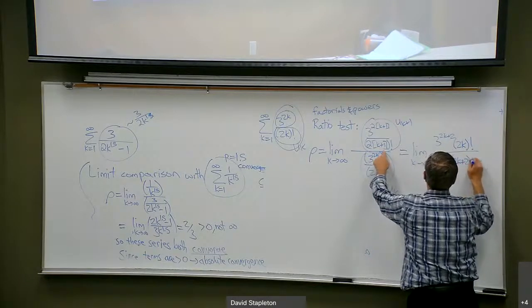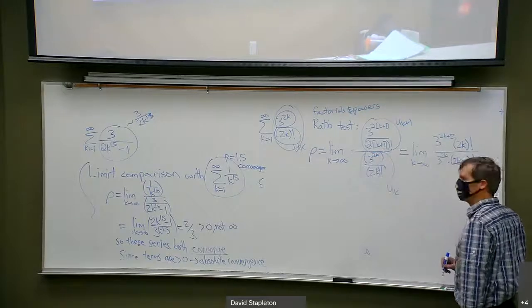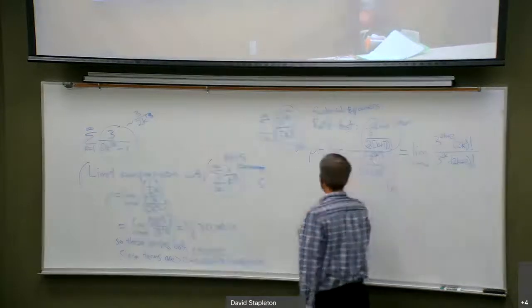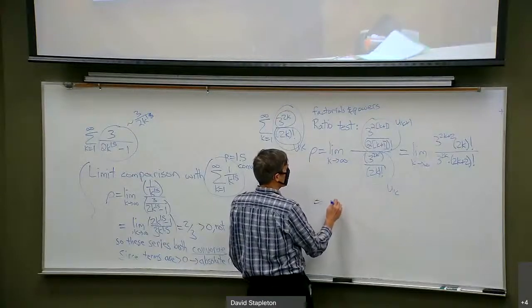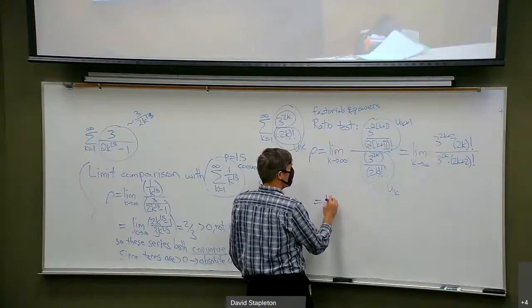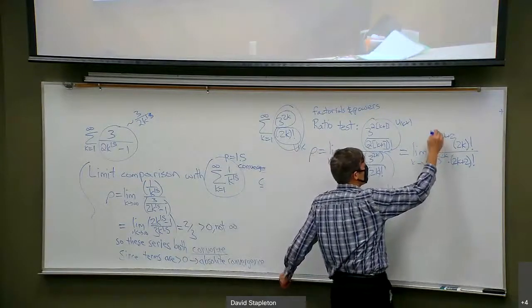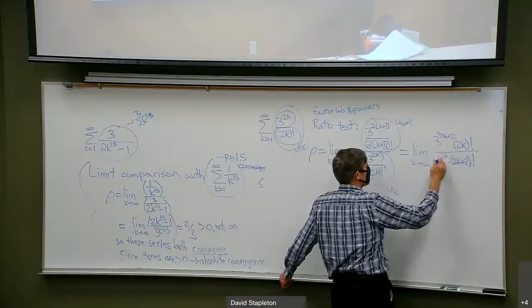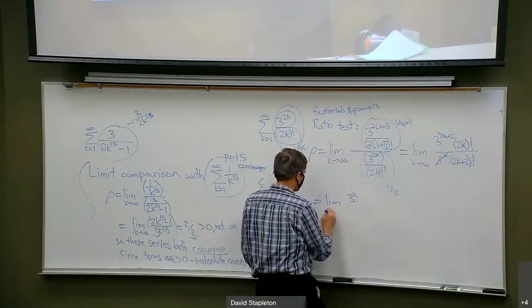If I multiply that out. There it is. What's that limit? Well, in these, you can cancel some things. 3 to the 2k plus 2, you cancel the 3 to the 2k with the 3 to the 2k, you're just left with 3 squared.